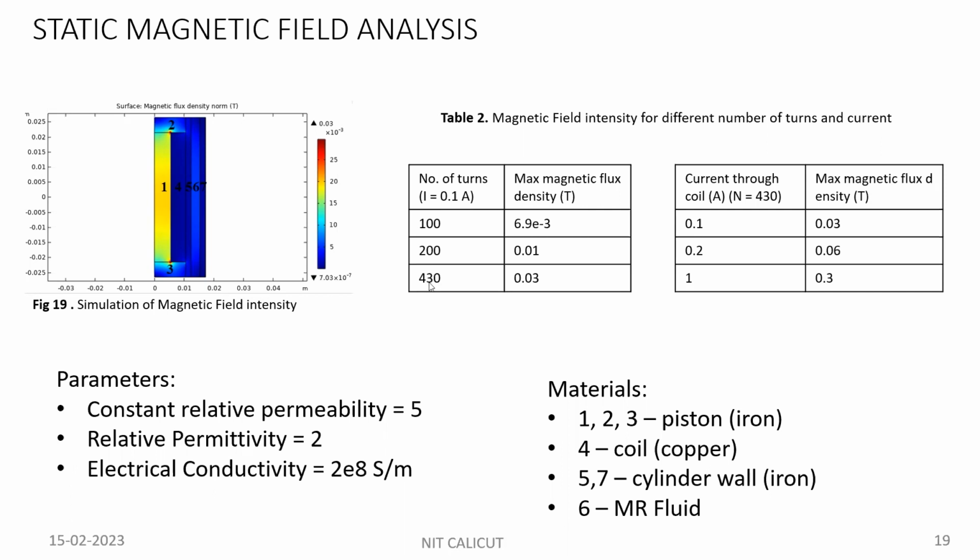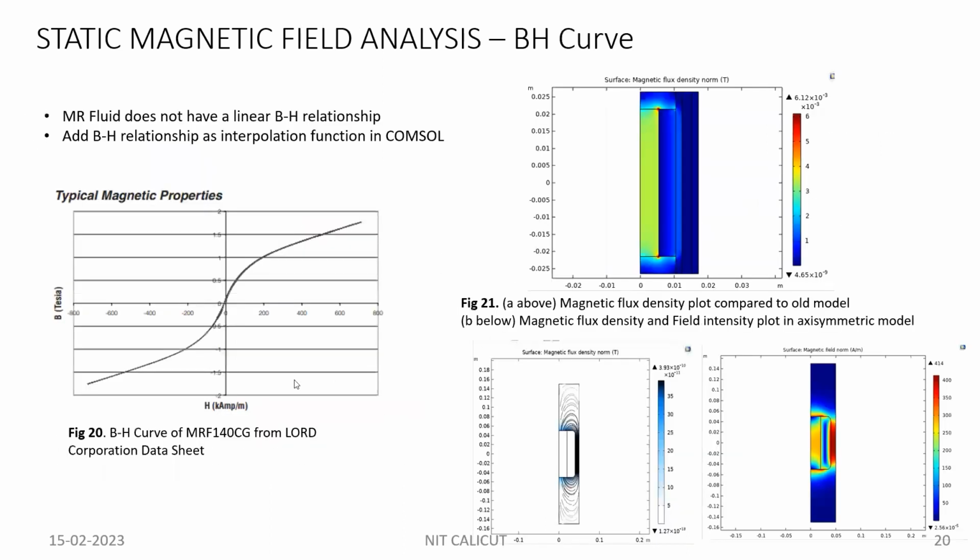The number of turns varies, and we have changed the current and looked at what magnetic flux density we are getting. That kind of study we have made, and the BH curve for MRF 132 CG we have done, because all these properties are available. So we took MRF CG and did this simulation, because COMSOL asks for various properties, and some of these properties we cannot measure here because of the cost.